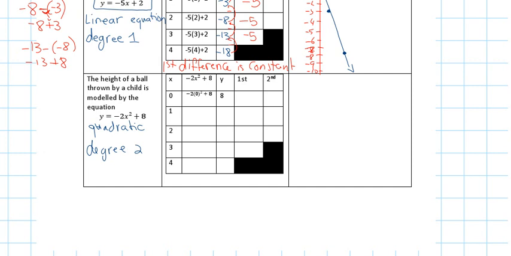Let's do the next one. Negative 2 times 1 squared plus 8. What do I do first? 1 squared is 1. Okay? 1 times negative 2. Add 8 is 6.